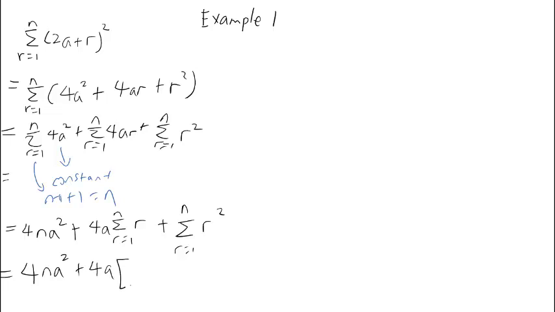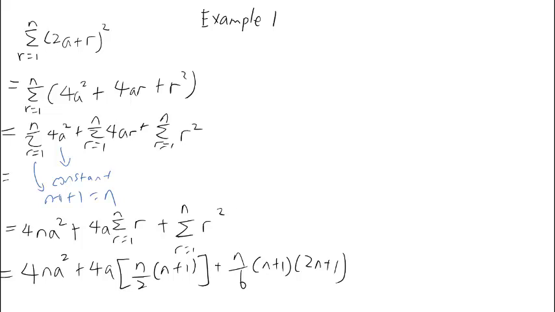Summation r is a formula which we went through earlier. The formula is n over 2 times n plus 1. This is the sum of AP. And for summation r squared is another formula, which is n over 6 times n plus 1 times 2n plus 1.